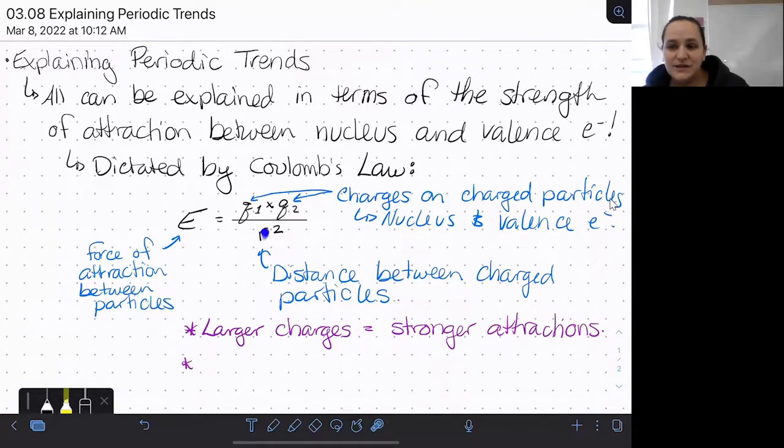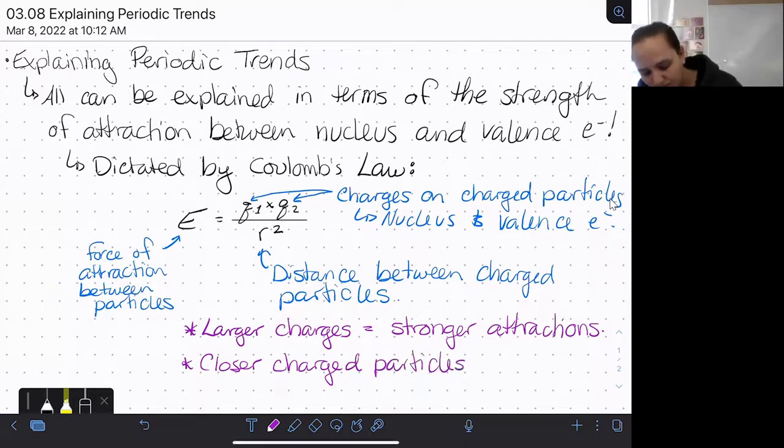And since the distance is in the denominator, the opposite is going to be true. The closer charged particles are to one another, the stronger the attraction.